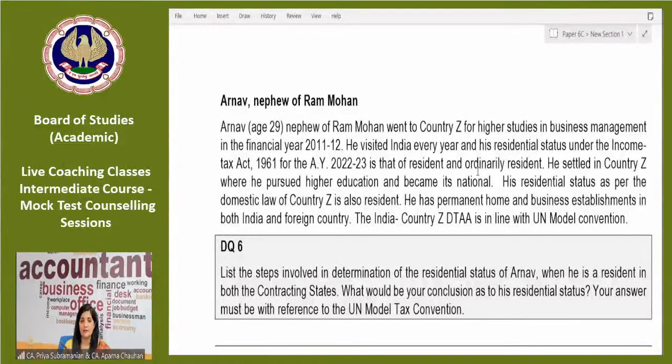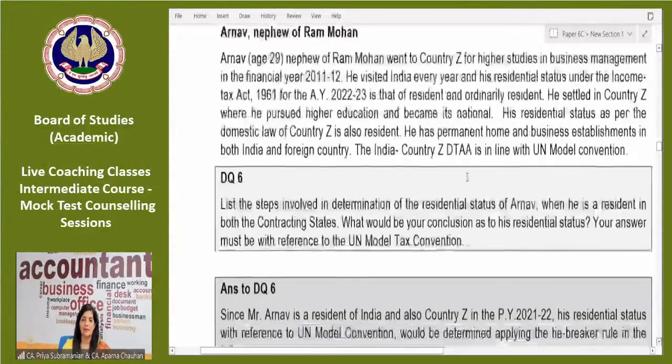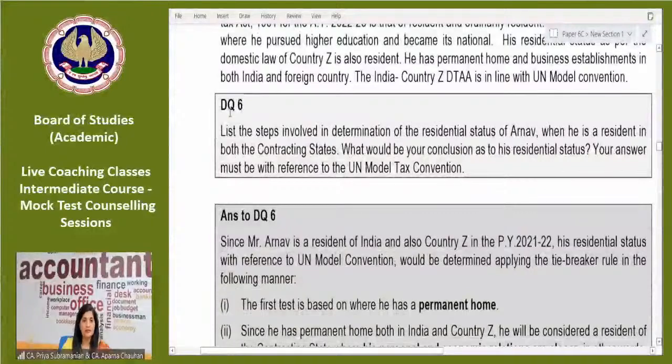For that purpose, you have to apply the tiebreaker. In this respect, question number 6, a descriptive question, asks you to list the steps involved in determination of residential status of a person when he is resident of both the contracting states.